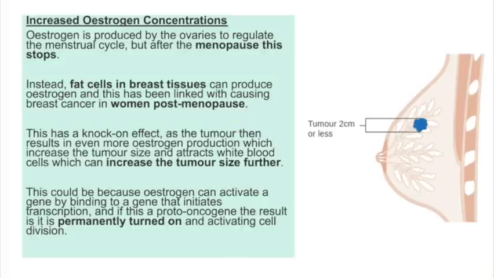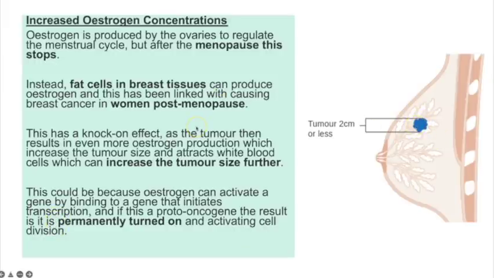So we looked at earlier how estrogen is a molecule that can bind to receptors on transcription factors. So if that is going to happen to a transcription factor involved in the cell division, so for example, it's a transcription factor that can bind to the DNA of a proto-oncogene, that would mean that that particular gene is permanently turned on, activating cell division within the breast tissue.